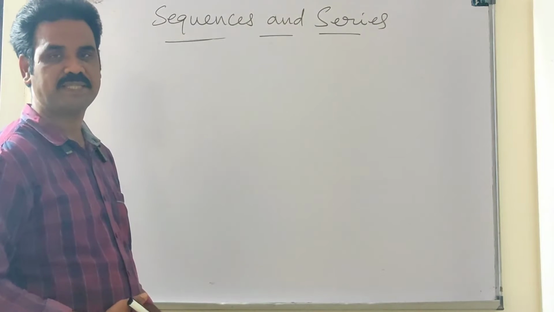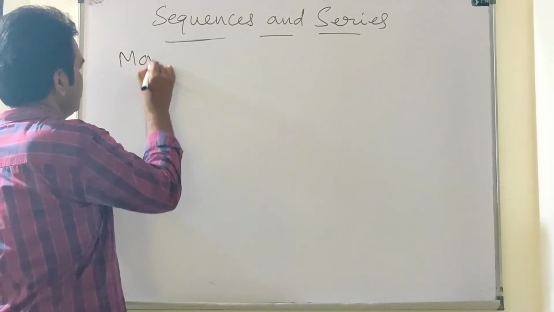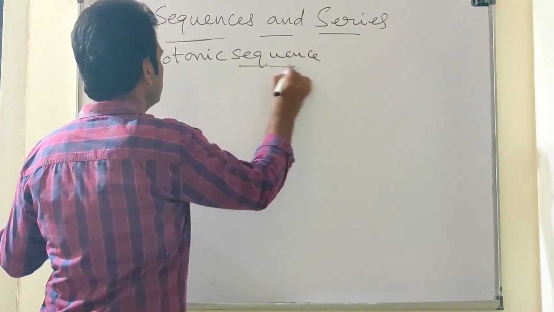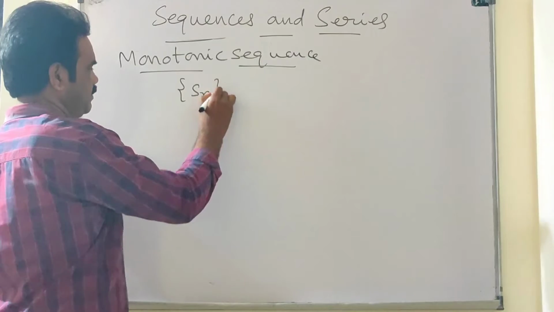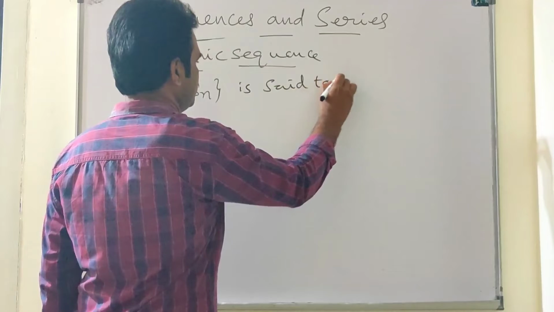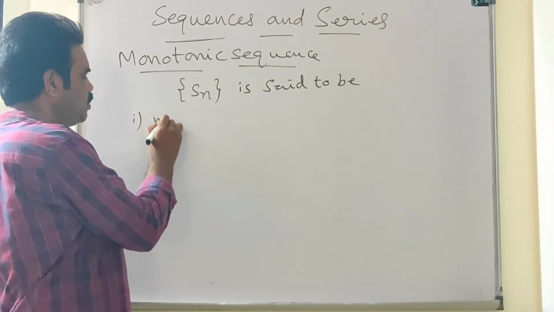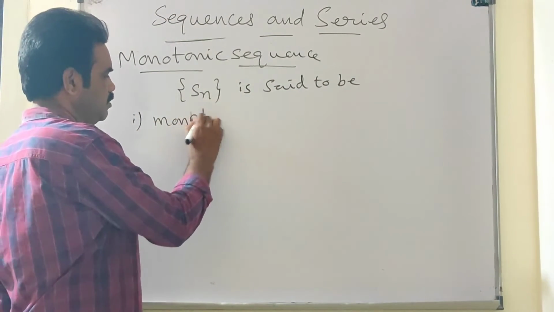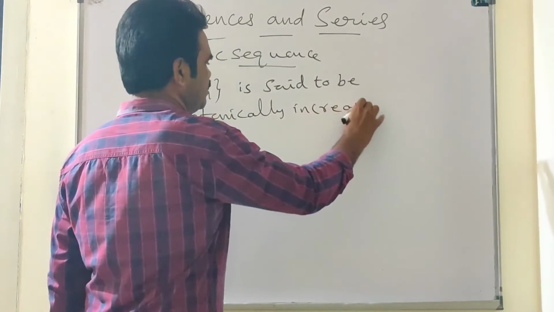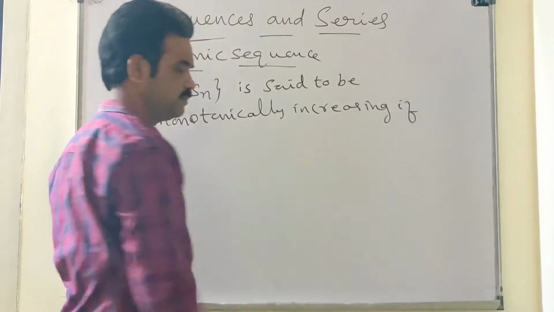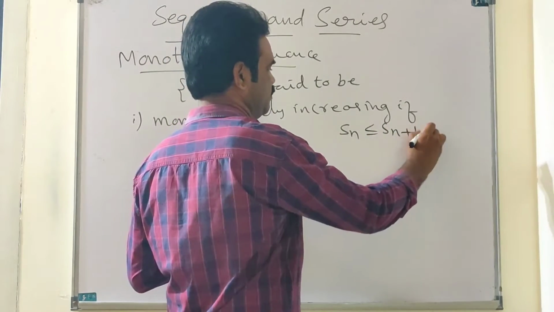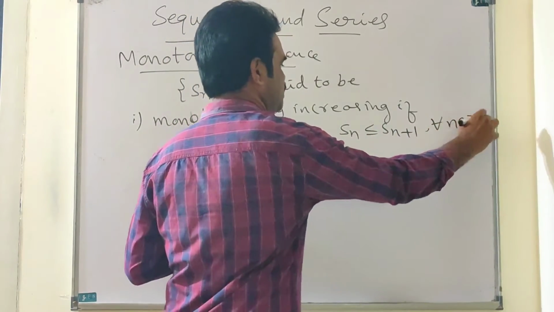Next definition: monotonic sequence. The sequence Sn is said to be monotonically increasing if Sn less than or equal to Sn plus 1 for all n belongs to Z plus.